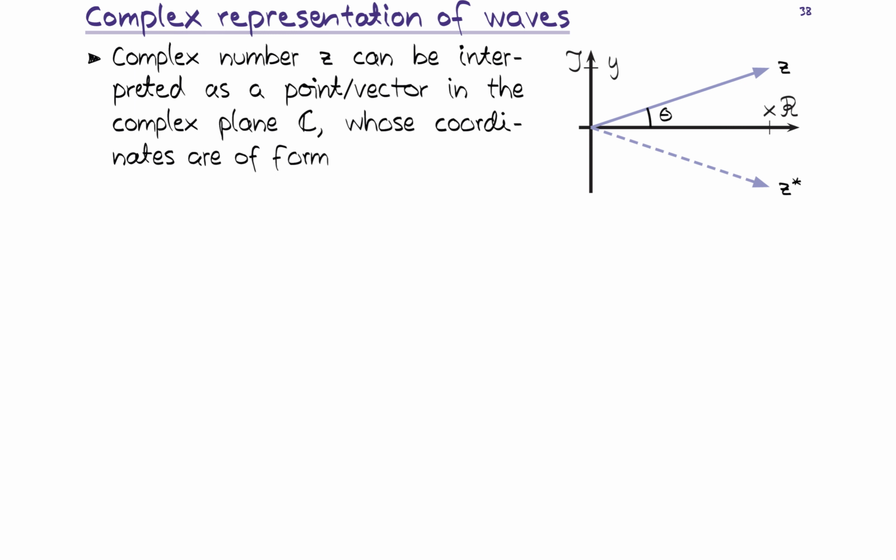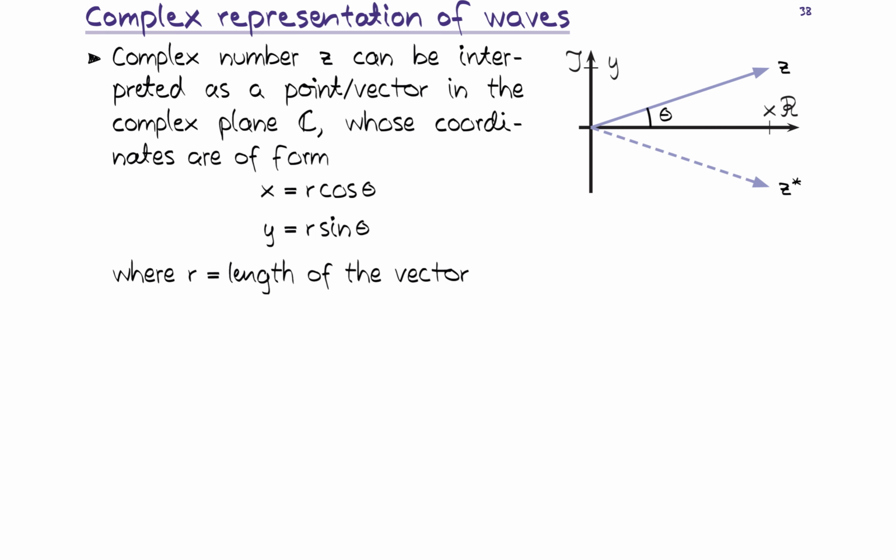The coordinates can be written so that the real part x equals r, the length of our complex number, times cosine of the phase angle theta. The imaginary part similarly is the amplitude r times sine of theta. So r here is the length of the vector, or the length of the complex number, or amplitude, and the phase angle theta is given by the arctangent of y per x.